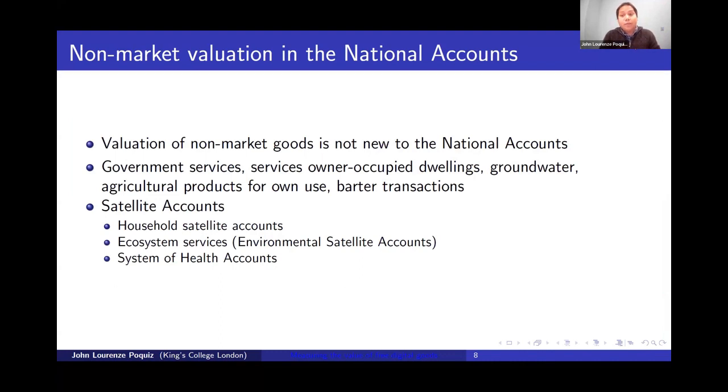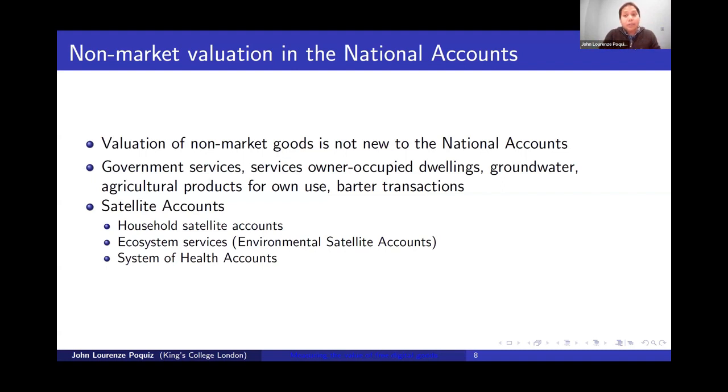If you think about government services or services provided through owner-occupied dwellings, or for some countries like the Philippines, we actually impute for the value of groundwater because of the volume of the use of these services. And if you think about agricultural production for own use and barter transaction, these are some of the non-market goods actually incorporated in the core SNA.